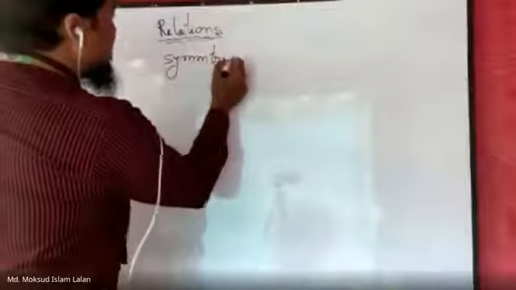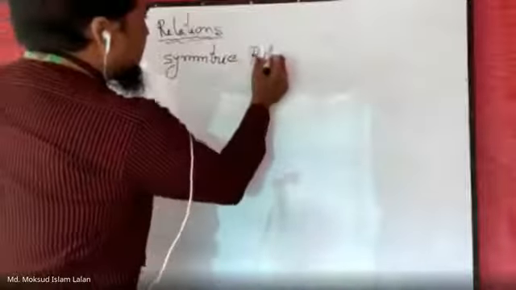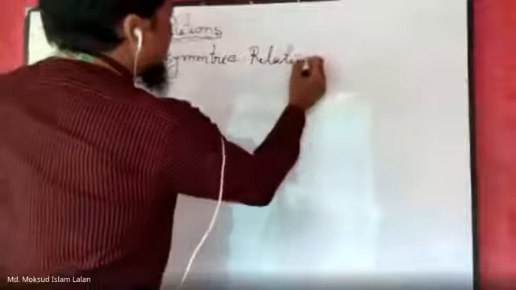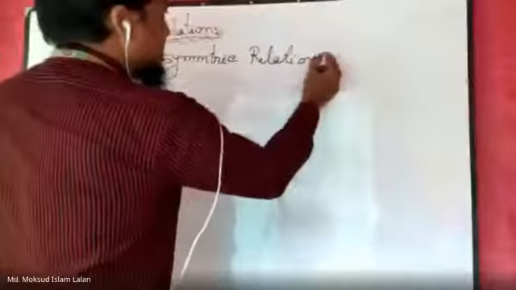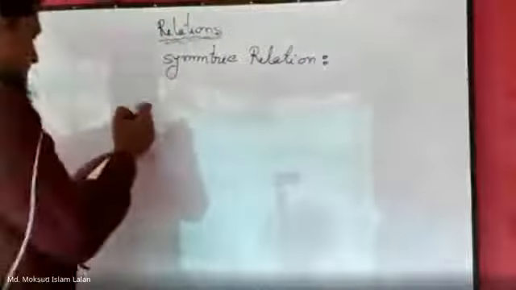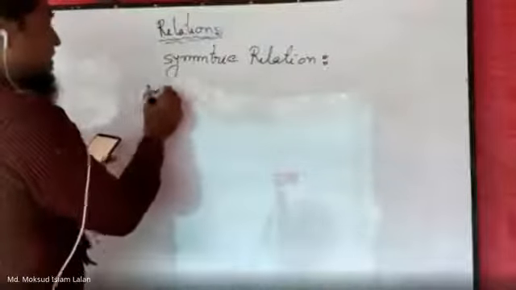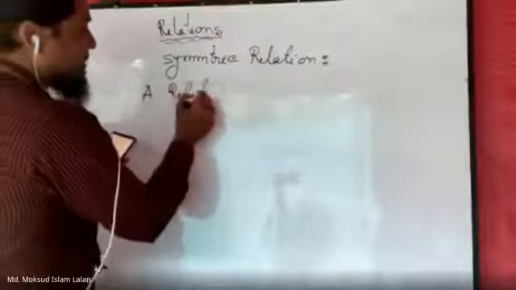Symmetric relations. So what are symmetric relations and anti-symmetric relations? A relation R, I think we have already explained, okay?